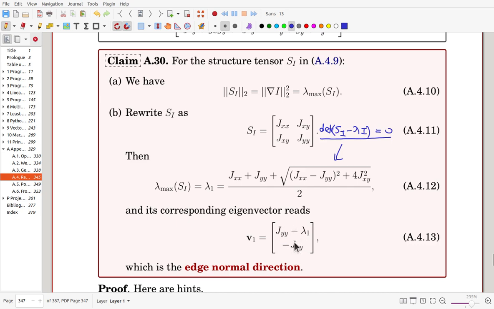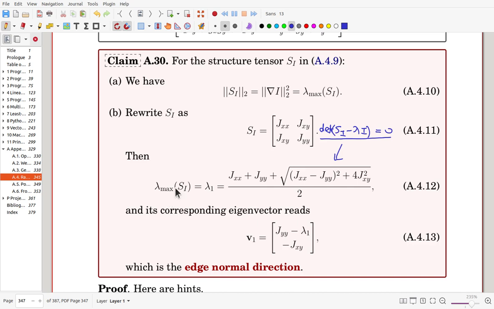But this eigenvector is directing at the normal direction, so that when we work on, for instance, edge detection from color images, then we can use this color version structure tensor to get the magnitude.